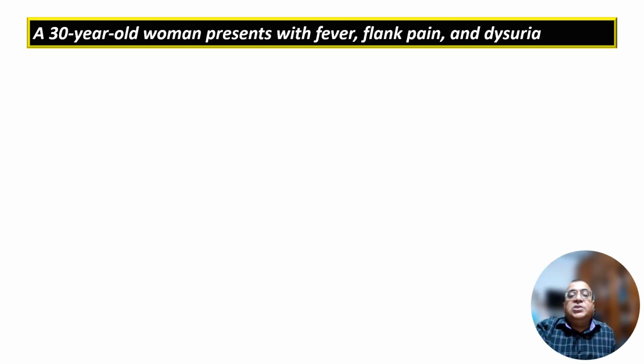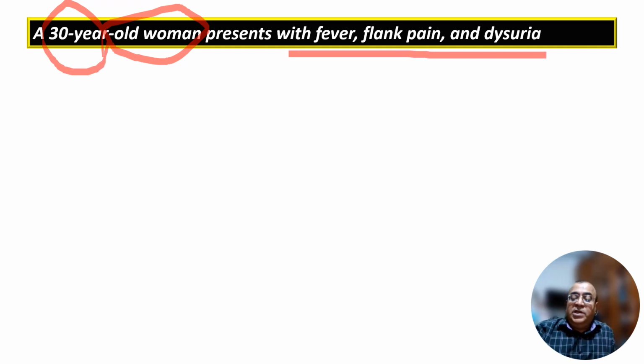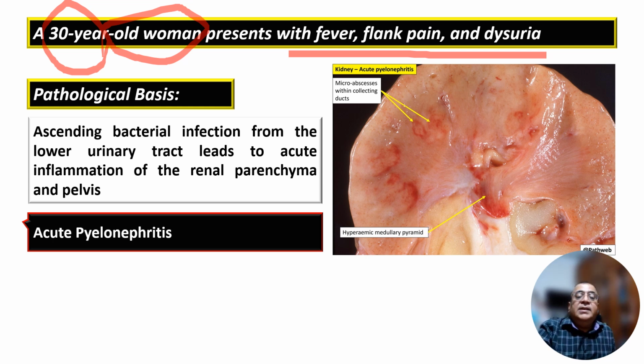Urinary tract infection. The urinary tract infection is one of the commonest infection of young women or women of the reproductive age, present with fever, flank pain, and dysuria. And there is the complication of UTI that is acute pyelonephritis.